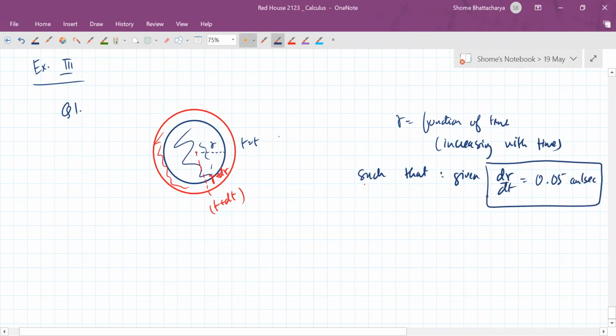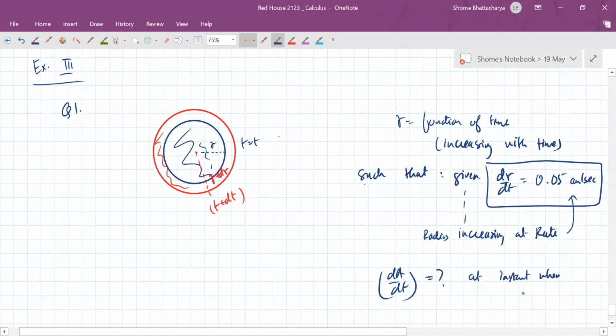This is what was given to us, that the radius increases at the rate of this much. Okay. So now from this we have to find the rate of change of the area at the instant when the radius's value is 3.2 centimeters.